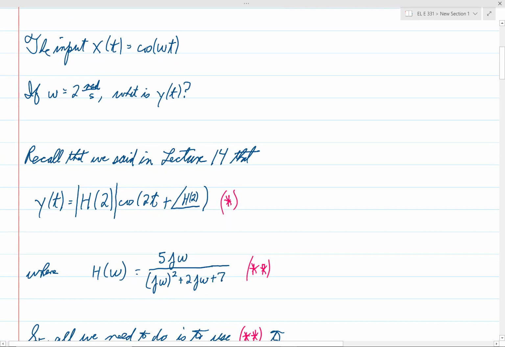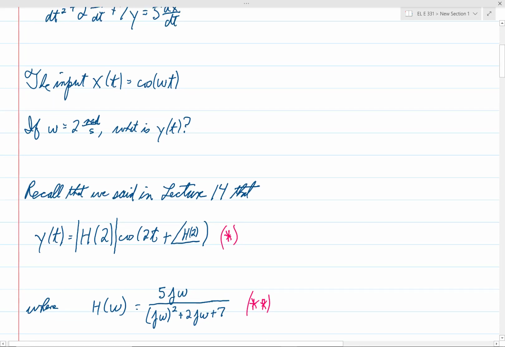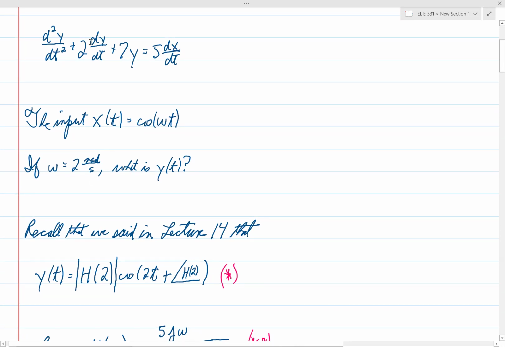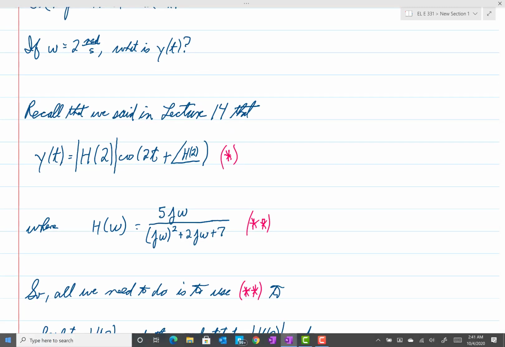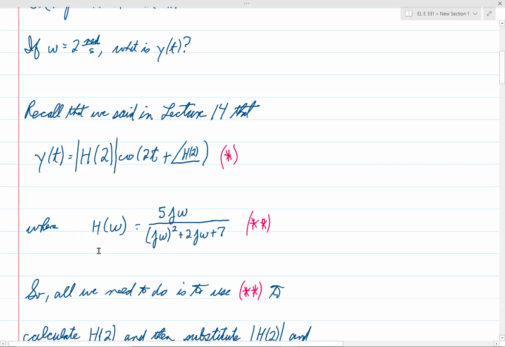So let's now see how this will go. Remember that we showed that based on this differential equation right here, the frequency response is given by this formula. Notice that we can find the frequency response at any omega using this formula.